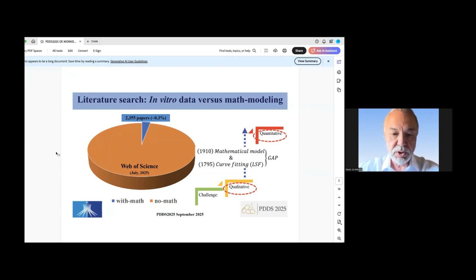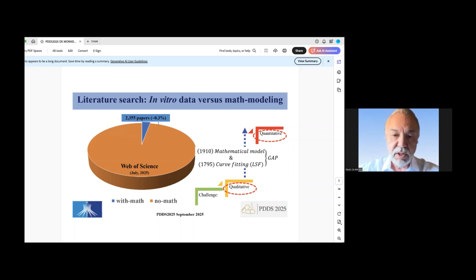So if you do the search in Web of Science, and I did it recently, you will find close to 1 million papers published and reporting in vitro data. However, only about 0.3% of this data includes some mathematical modeling.